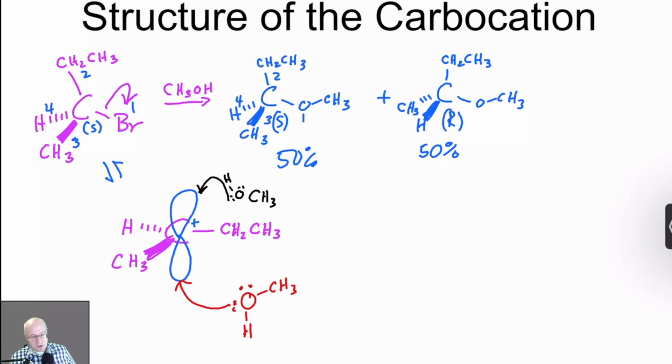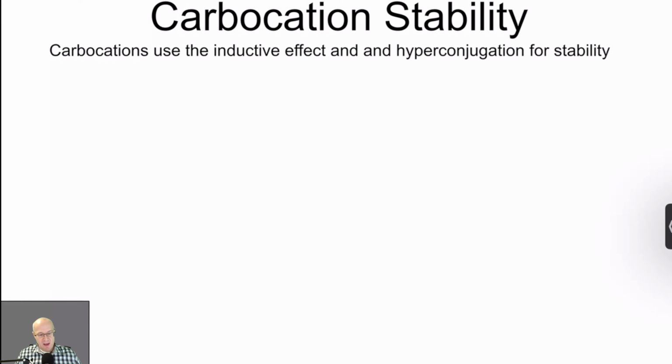Methanol can attack from one side or the other 50-50. And when it does that, you end up with 50% of one enantiomer, 50% of the other enantiomer. You get a racemic mixture. That's the ramifications of doing SN1 reactions in polar protic solvents. If they're chiral at the alkyl halide position, they will lose stereochemistry. They will racemize completely. So now let's address the carbocation stability.